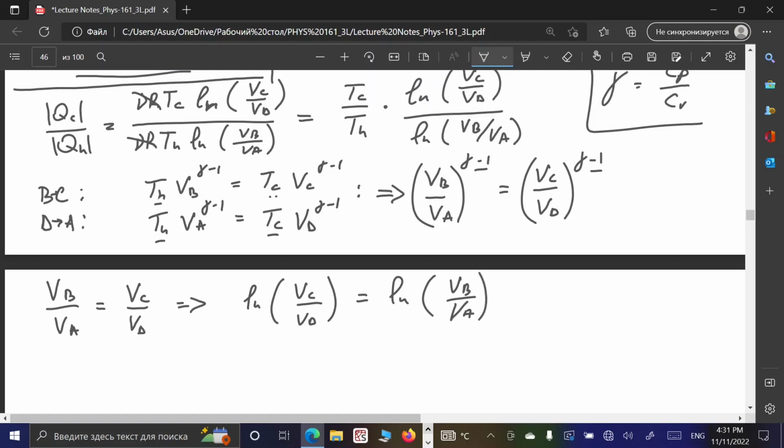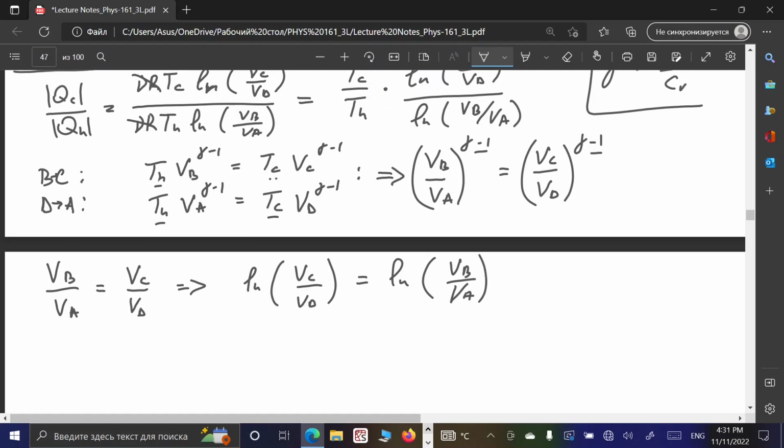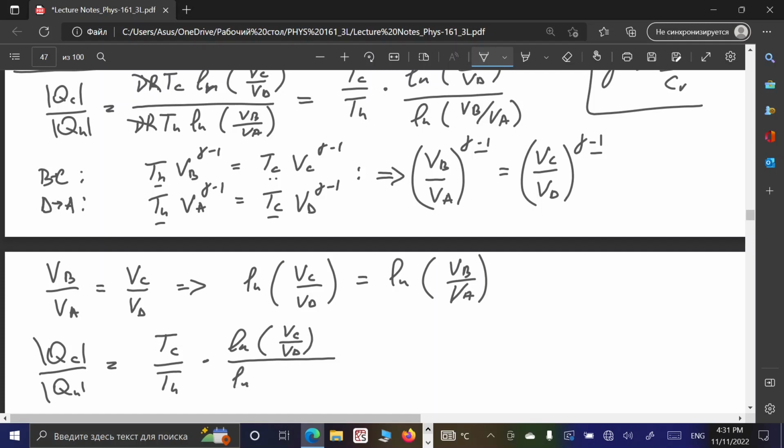Now, let us again write down this ratio, Qc over Qh. That will be Tc over Th times the ratio of this natural logarithm of Vc over Vd divided by the natural logarithm of Vb over Va.